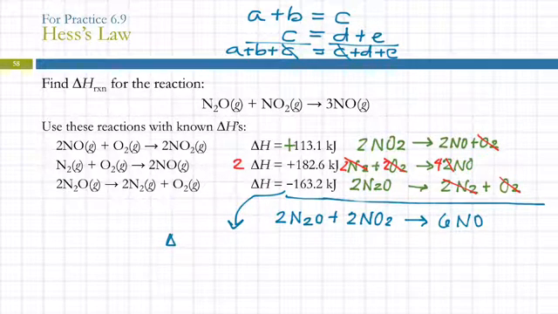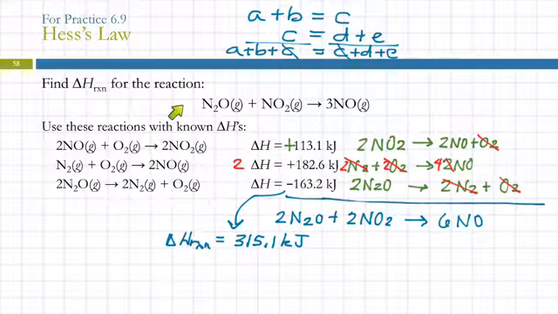So delta H is 315.1 kilojoules. This is delta H for this reaction.